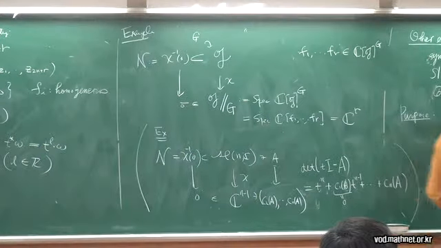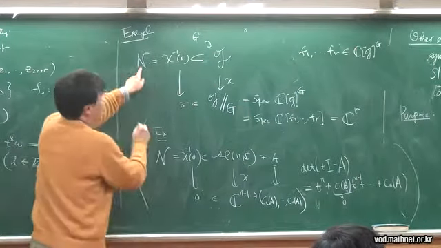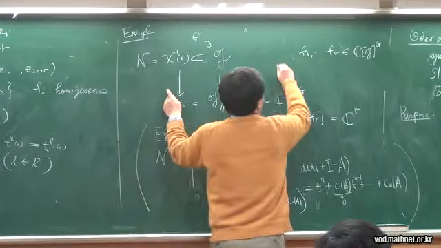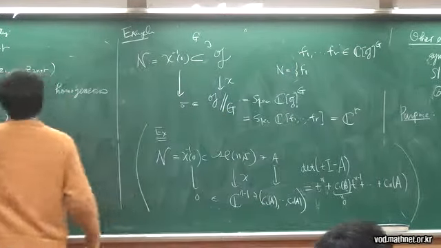Here, this is a symplectic variety. In this case, N is defined as a complete intersection like that.